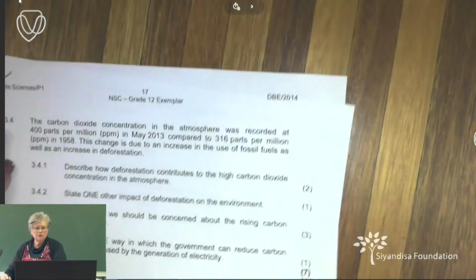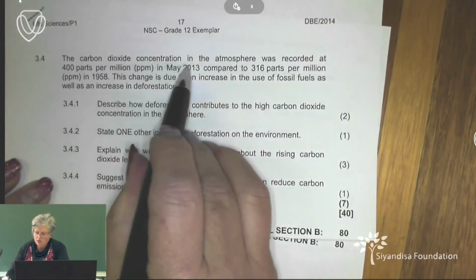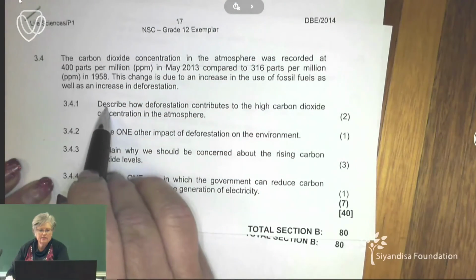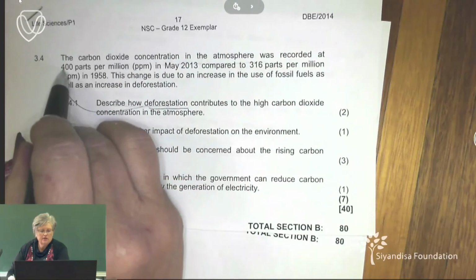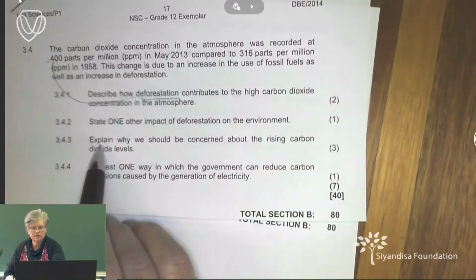Another one, just on carbon dioxide concentration. The carbon dioxide concentration in the atmosphere was recorded as this. Describe how deforestation, remember I said that you must know everything that contributes to carbon dioxide emissions.